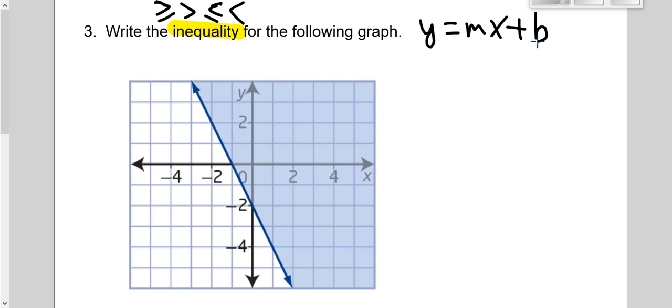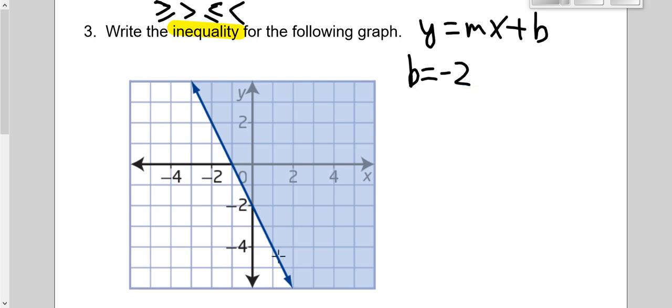So that means if we can somehow magically figure out m and b, the slope and the y-intercept, then we can figure out this. Okay, so if you look at this, I hope this is obvious enough that this is the y-intercept, so that means your b is -2, and then the only thing left to find out is m.